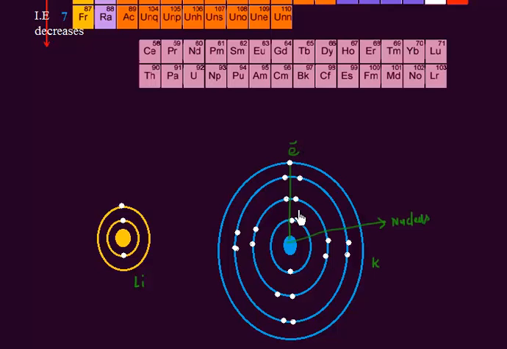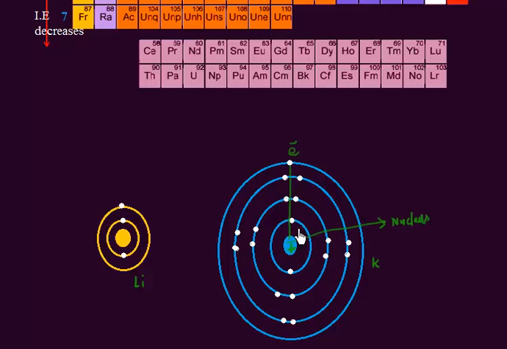And so due to this opposite charge, positive and negative, there is a kind of force which is working between nucleus and outermost electron, and this force is known as nuclear force. We can say nuclear charge, and this force attracts or pulls outermost electrons towards the nucleus.